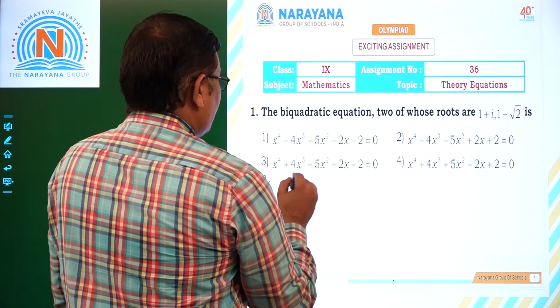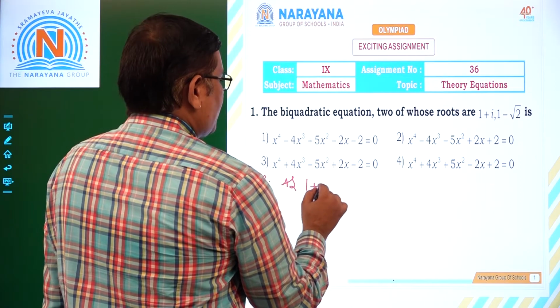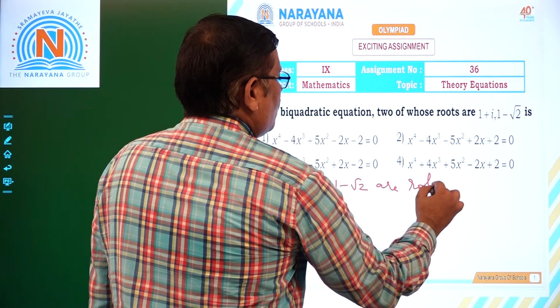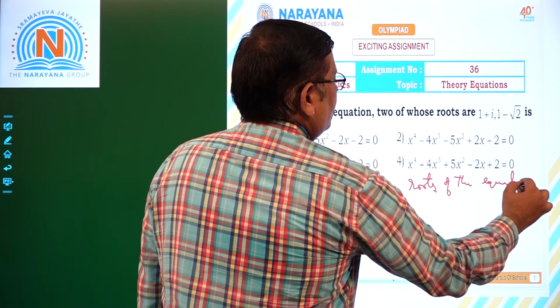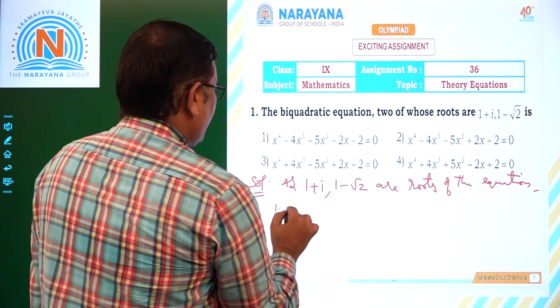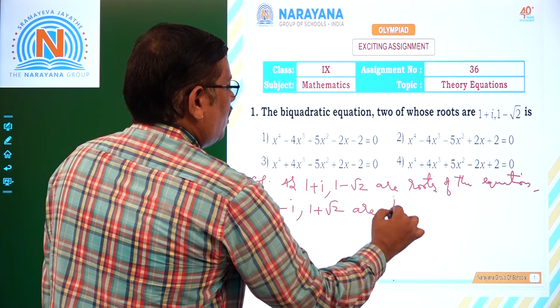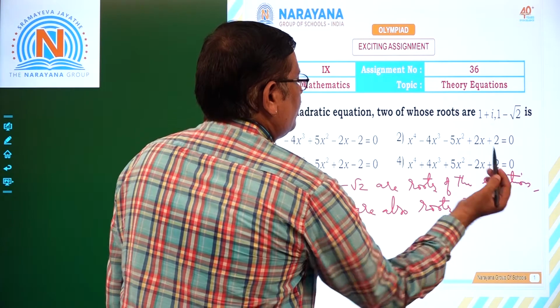Now for that, first step is: as 1 plus i, 1 minus root 2 are roots of the equation, 1 minus i, 1 plus root 2 are also roots of it. This is a very important point.